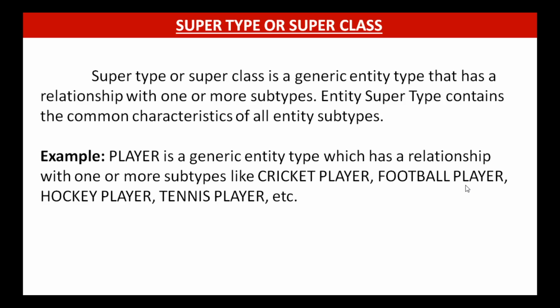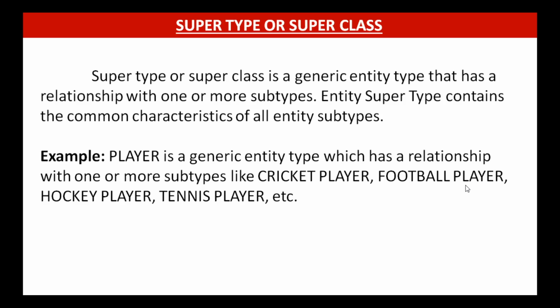Just see this example. Player is a generic entity type which has a relationship with one or more entity subtypes, like cricket player, football player, hockey player, tennis player, etc. All these are subtypes, which are derived from the generic entity type player.